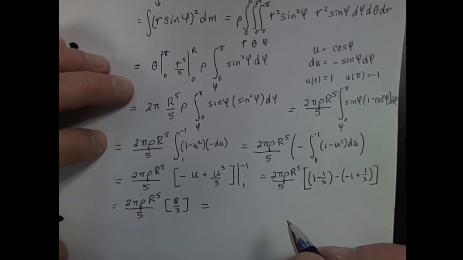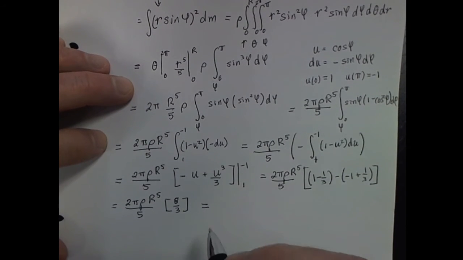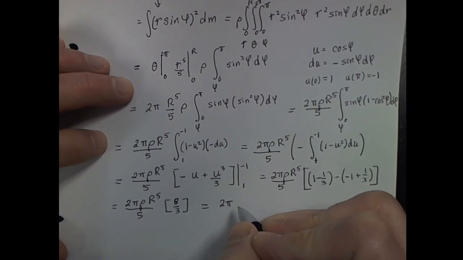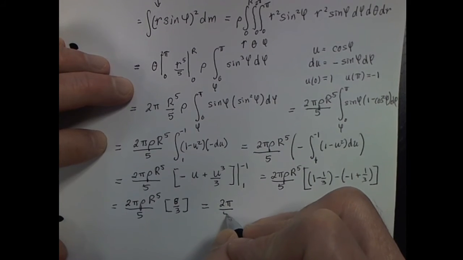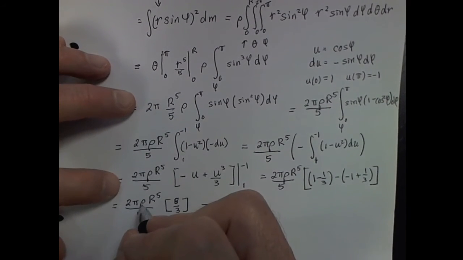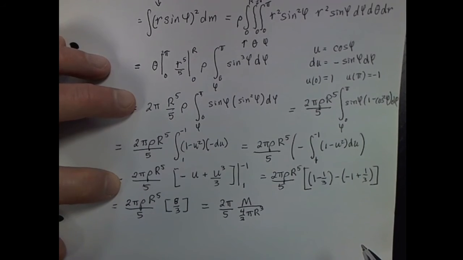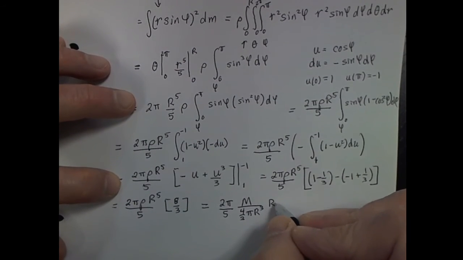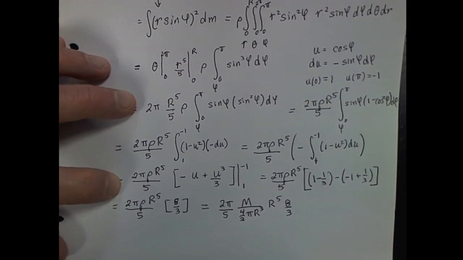All right, so let's substitute in for rho. The mass, let's see, I'm gonna put the 5 under here so this gets a little easier. Substitute in for rho, m over 4/3 pi capital R cubed. Then we have this r to the 5th, and then we have this 8/3. Wow, this is ugly.